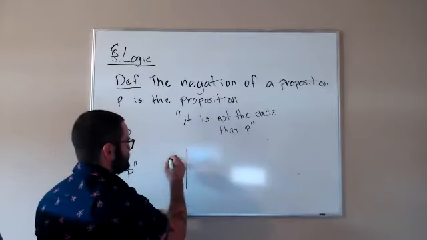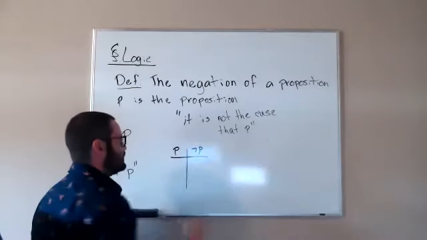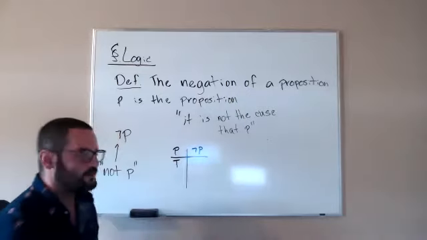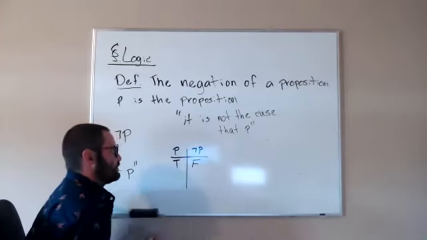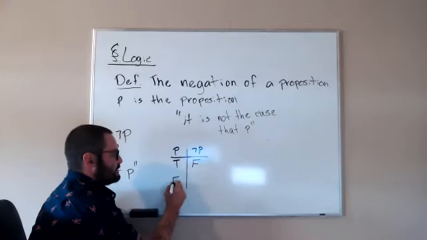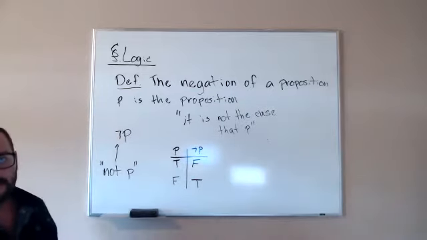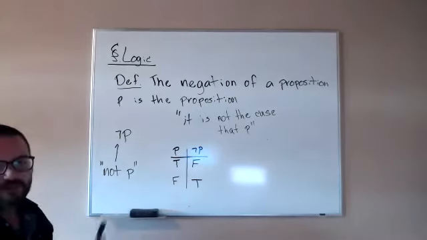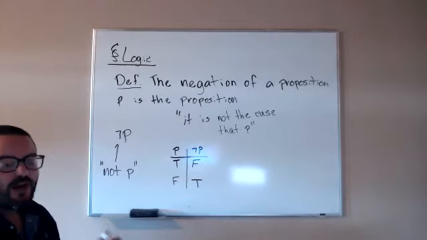So here's P, and here's not P. And so if P is true, then the negation of P is going to be false. If P is false, the negation of P must be true. So it's a fundamental fact of propositions that you just have to remember that if you negate the proposition, you get a proposition with the opposite truth value.